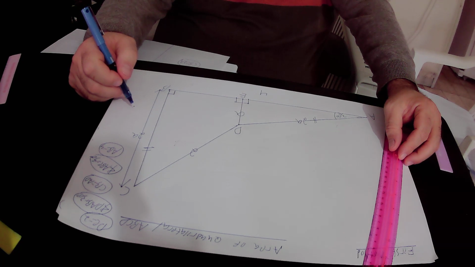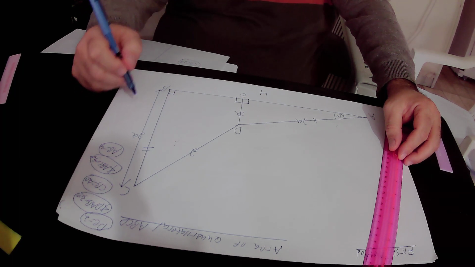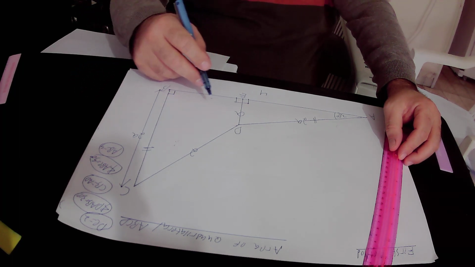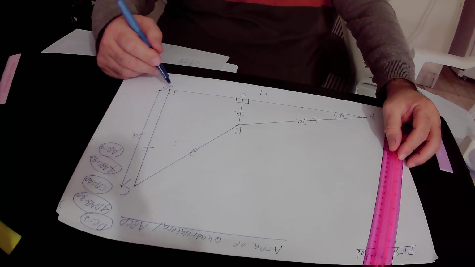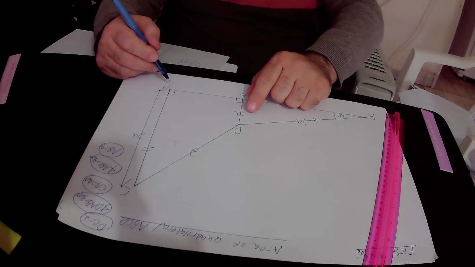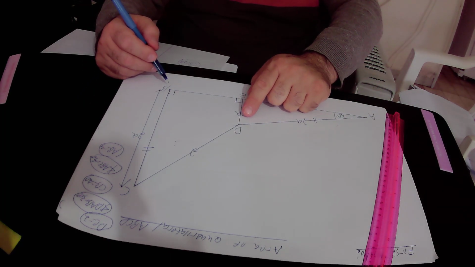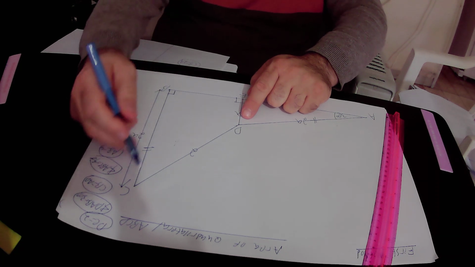In the next step, from point D, we will draw a perpendicular to CB. I will repeat again, we will draw a perpendicular from point D to side CB.